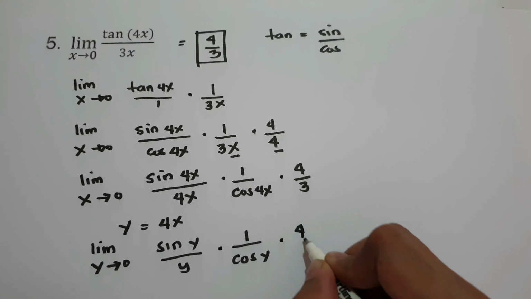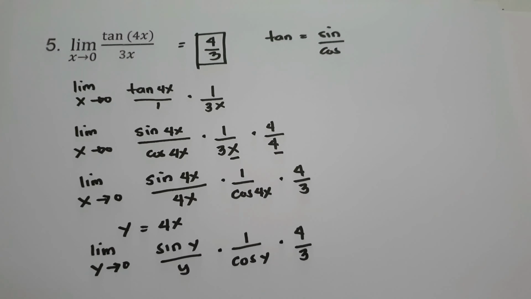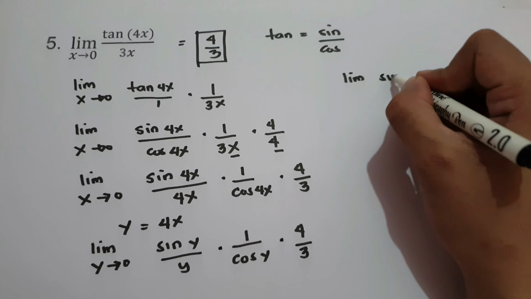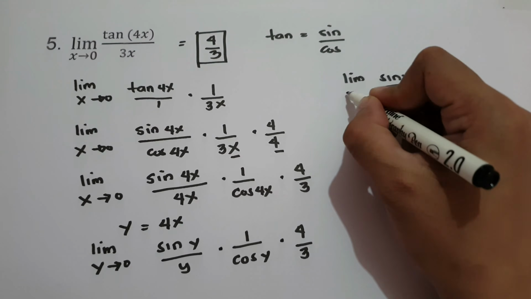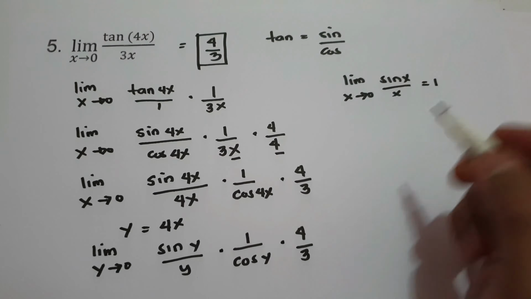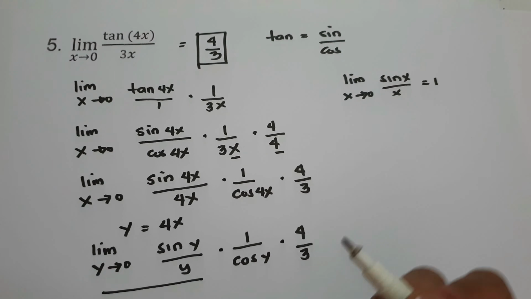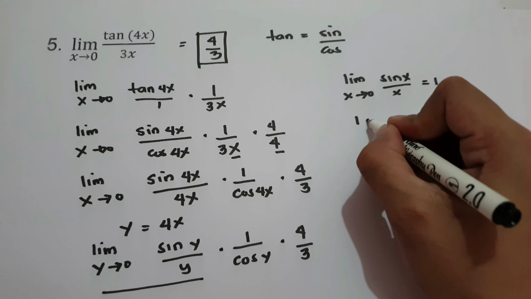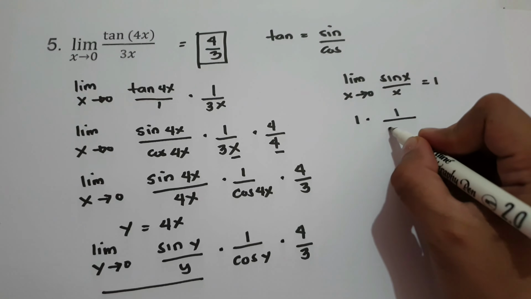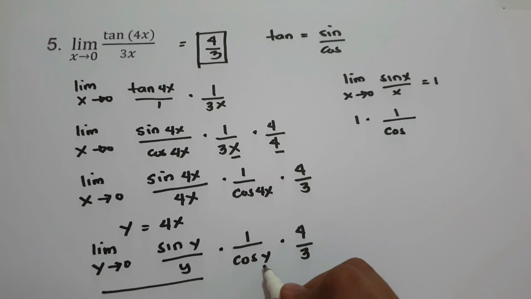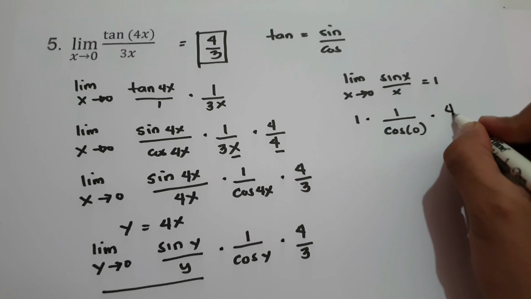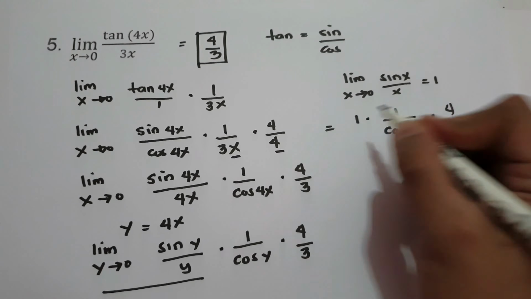times 4 over 3. So we all know that the limit of sine x over x as x approaches 0 is 1. So we're going to have 1 times 1 over cosine y, where the value of y is 0, times 4 over 3.